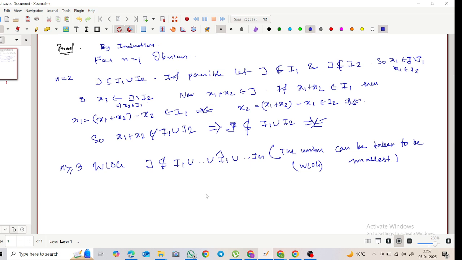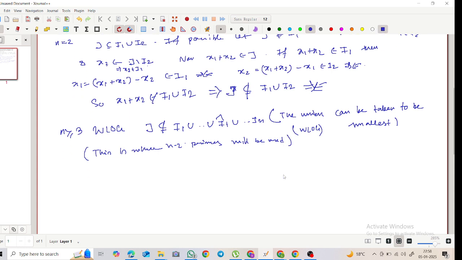Now this is where n minus 2 primes will be used. So take I1 to be prime.